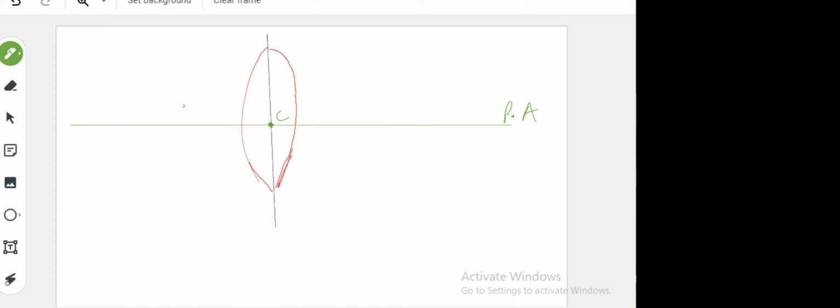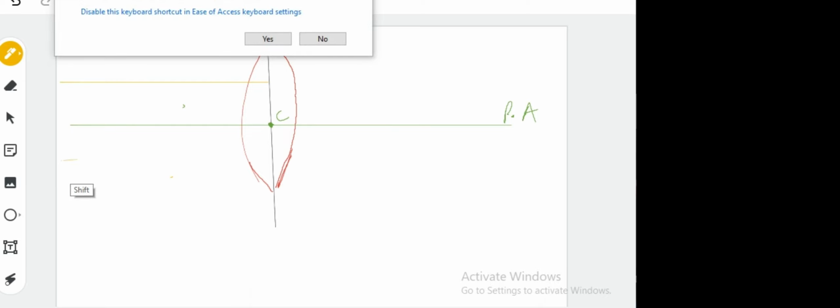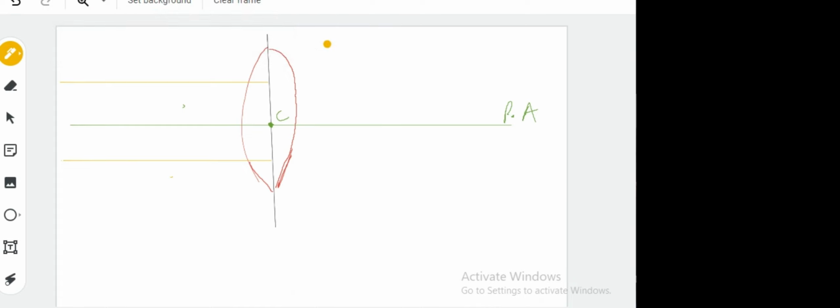Now, where parallel rays focus is what we call principal focus. So now let me draw parallel rays coming in. Let me start with this. Hit this. Hit this. Once the rays are parallel, you know what I mean by parallel lines? They never meet.